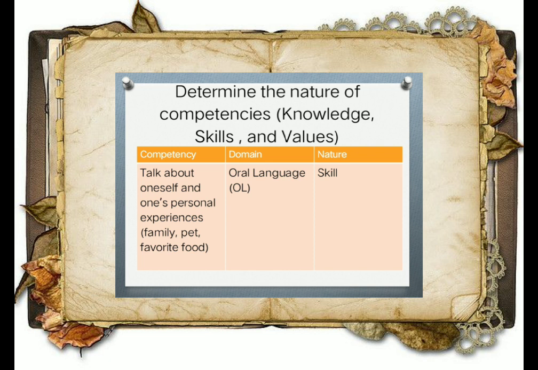So example here in the table, we have competencies: talk about oneself and one's personal experiences, family, pet, favorite food. So as language domain, it would be oral language or OL. As a nature, it would be skills.